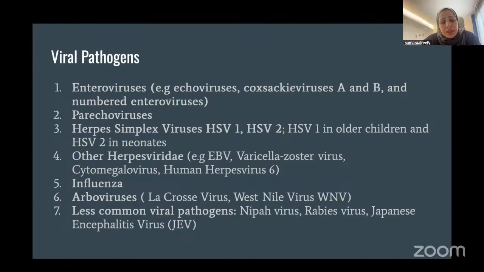You can see herpes type 1 is most common in older children, while type 2 causes neonatal encephalitis. Other herpesviridae, such as Epstein-Barr, varicella, CMV, and human herpes type 6. Influenza viruses, arboviruses, like we mentioned, and less common pathogens: Nipah, rabies, and Japanese encephalitis virus.